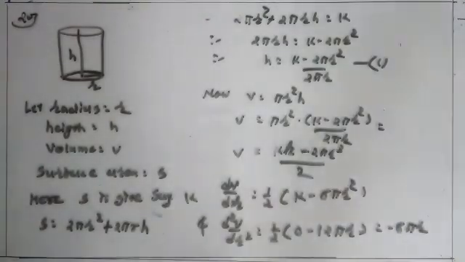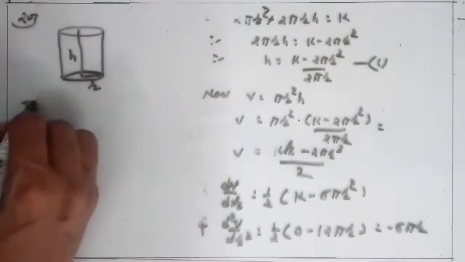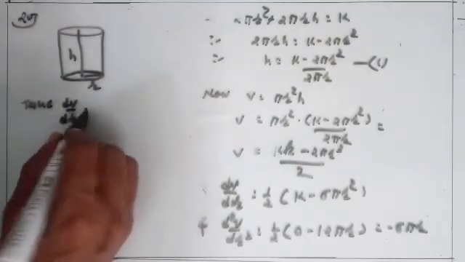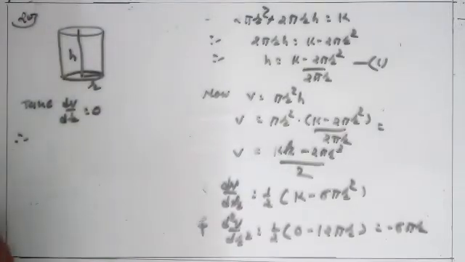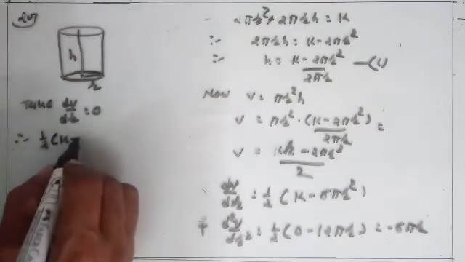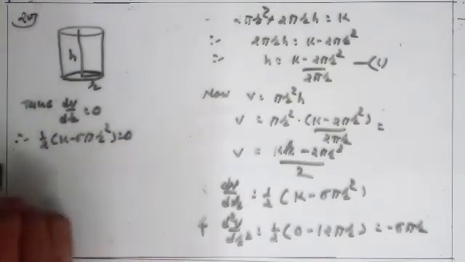Now to maximize volume, compare dv/dr with 0. Take dv/dr is equal to 0. Therefore 1 by 2 into k minus 6 pi r square is equal to 0.